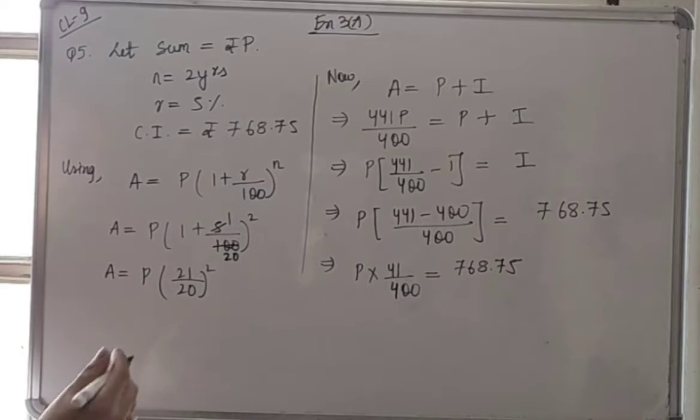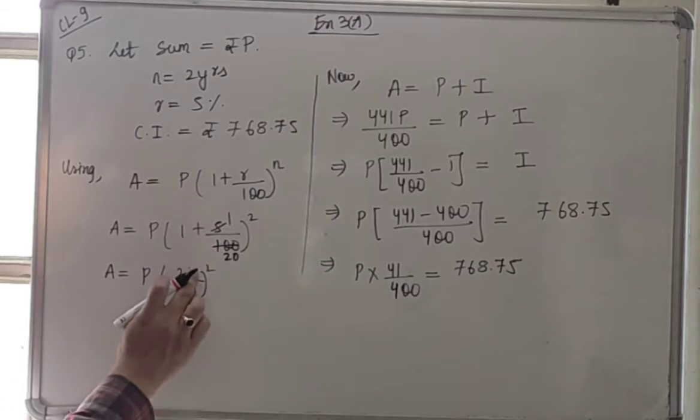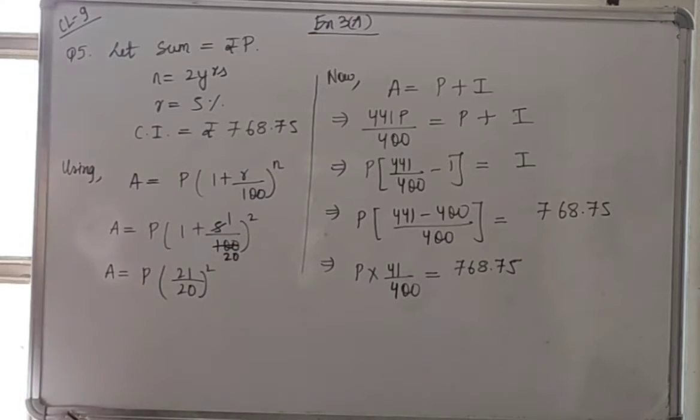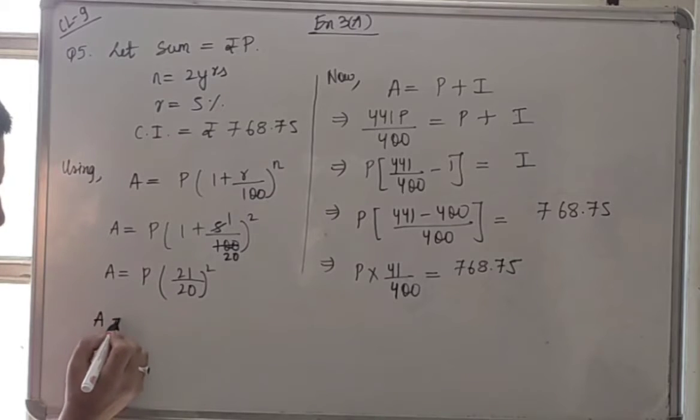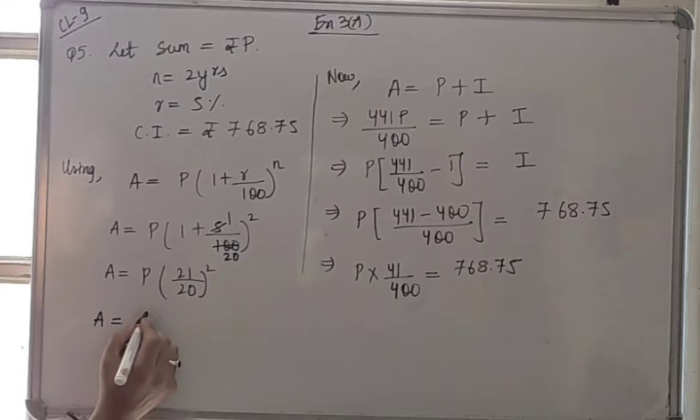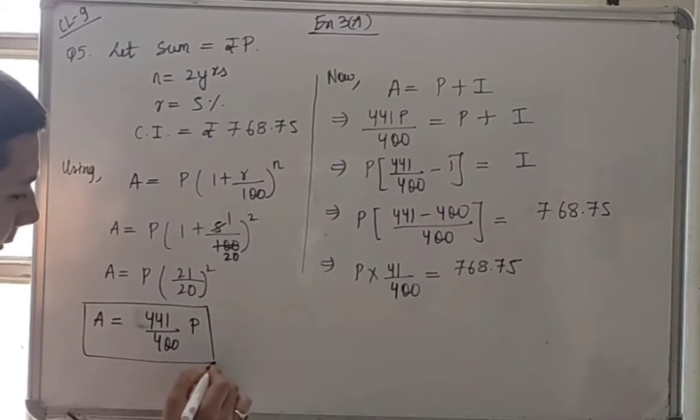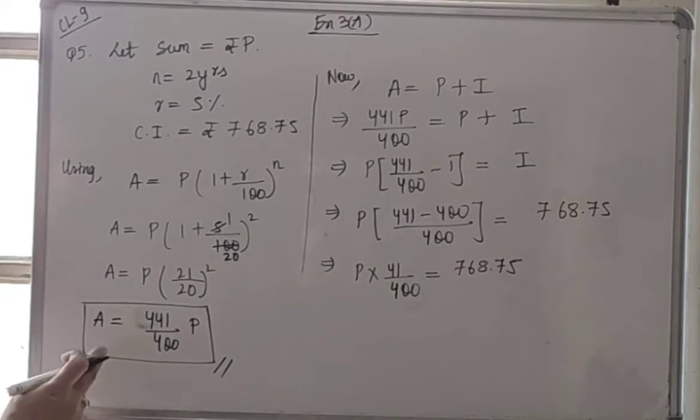Once you take the LCM, 20 plus 1 will be 21 by 20 whole to the power 2. Now this is 21 square, so 21 square is 441, 20 square is 400, into P. So this is the amount that we are getting.